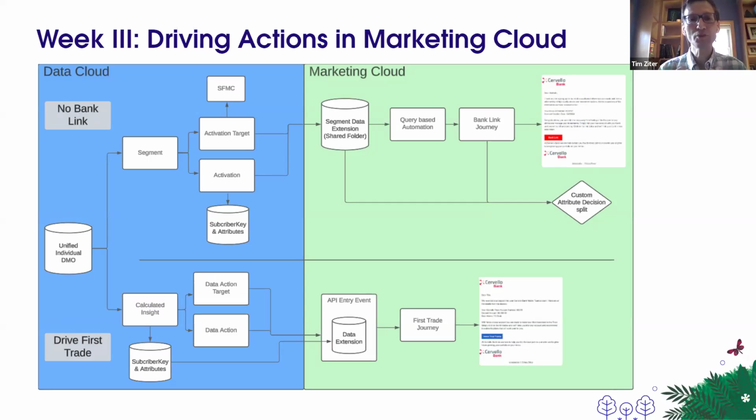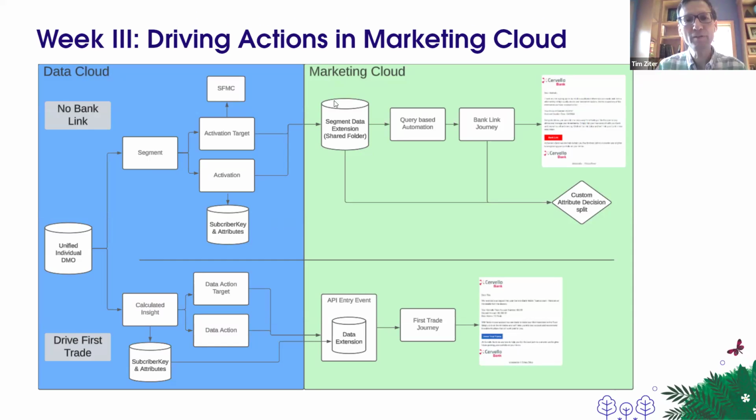Our source of data in Data Cloud is that unified individual data mapped object. We're going to pull that and create a segment, and we're going to identify an activation target, which we're going to link to Marketing Cloud. That's where we're going to determine where that data is going to be driven. The activation is going to determine the subscriber key and all those data values that we're going to use to personalize that email.